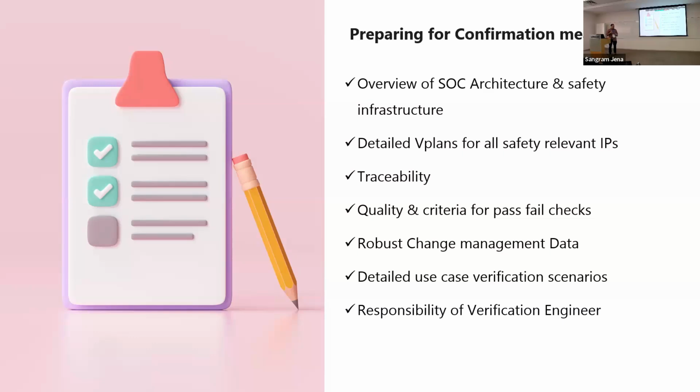So there has to be a traceability right from the top to the bottom in terms of what my requirements are, and you should be able to trace at each hierarchy level how you have addressed that.